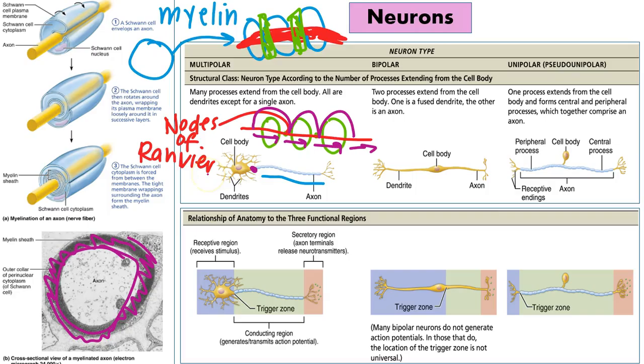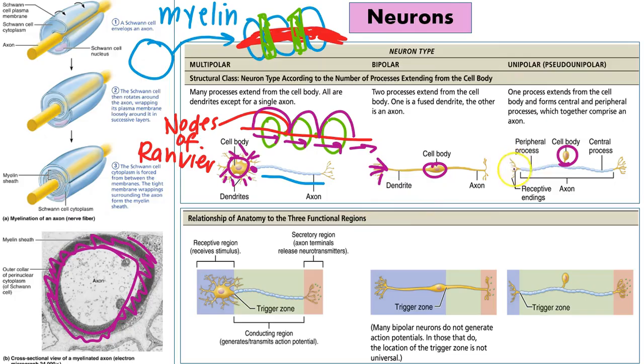Now, the other types of neurons are going to be bipolar and unipolar. But remember, all neurons have 3 main parts. They have a cell body, so let's find the cell body for all of those. Cell body here, cell body here, cell body here. They're going to have an area of a receptive portion, meaning how they're receiving messages. We know for the multipolar that we're going to be having our dendrites out here to receive messages. And then, of course, we have dendrites on the bipolar here.